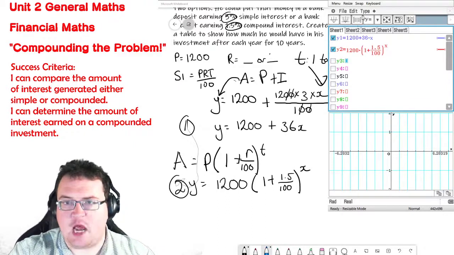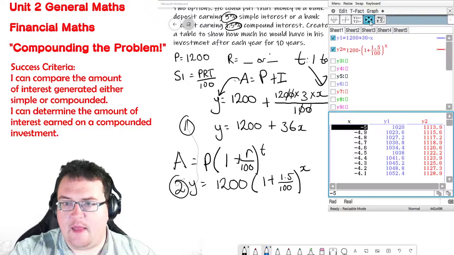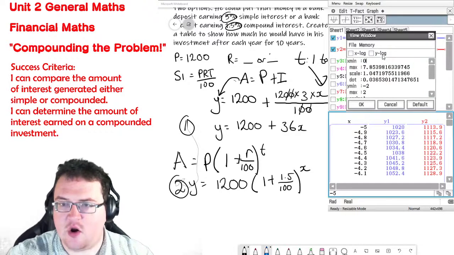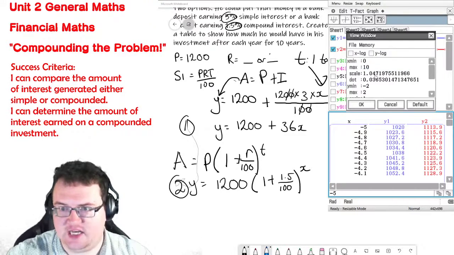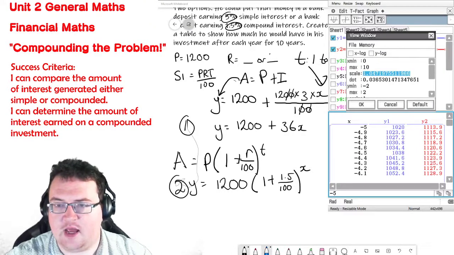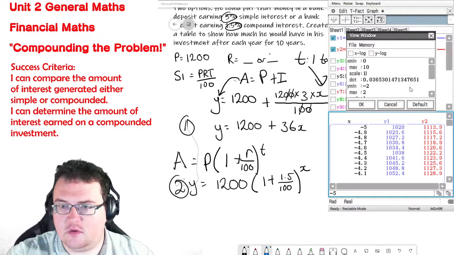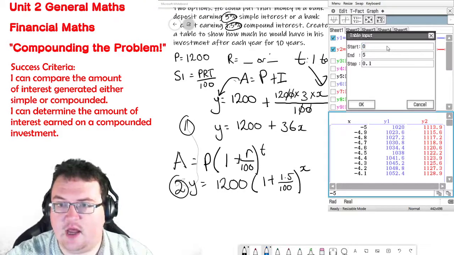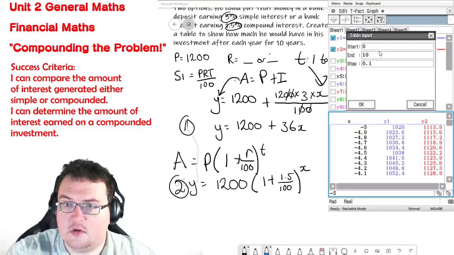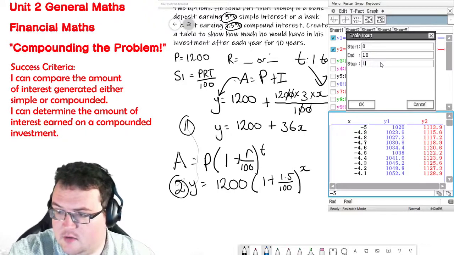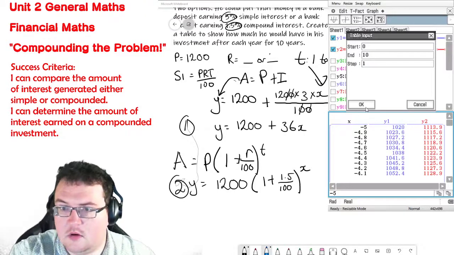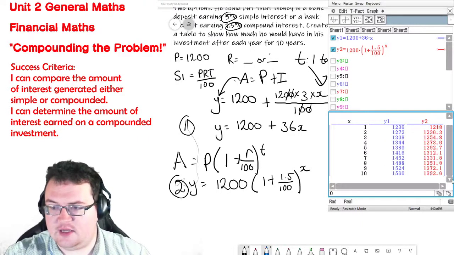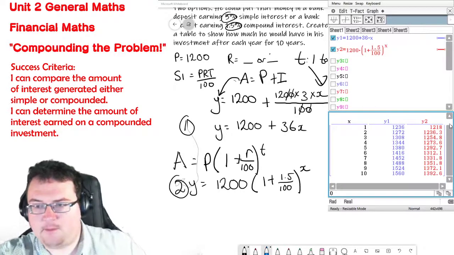And then I'm going to press the table button. And then I'm going to change how my window looks. So it's going to be, x min is going to be 0, x max is going to be 10, because it's 10 years. So start at 0, end at 10, and we'll go by steps of 1. And what I now have here is this table here.